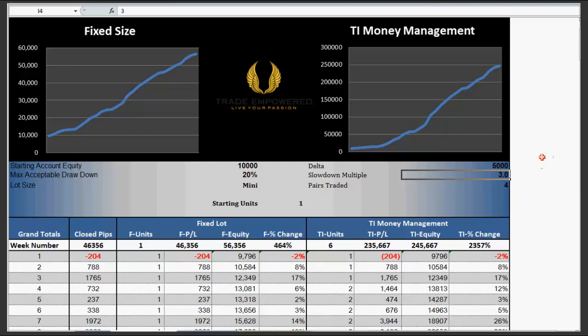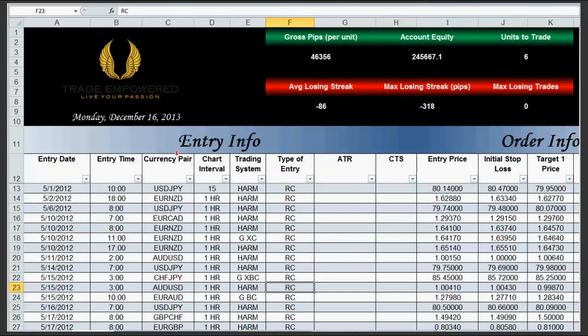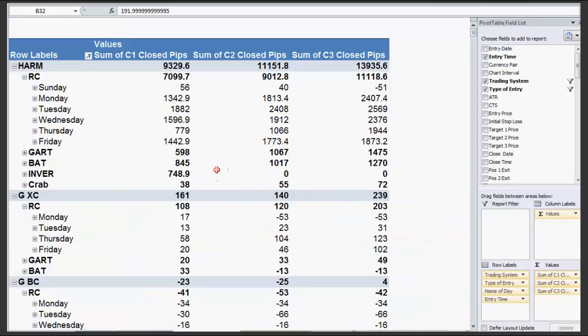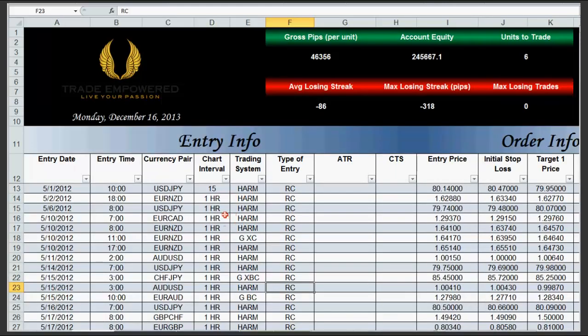John, if you're going to be transferring the information, you're going to need the same. Look, you've got entry date, entry time, currency pair. If you don't have the chart interval as one of the things that you recorded, you can just leave that blank. That'll be just one thing that you cannot access when you come to your backtesting tune-up sheet. One of the things that won't be in here on the sidebar is that field.